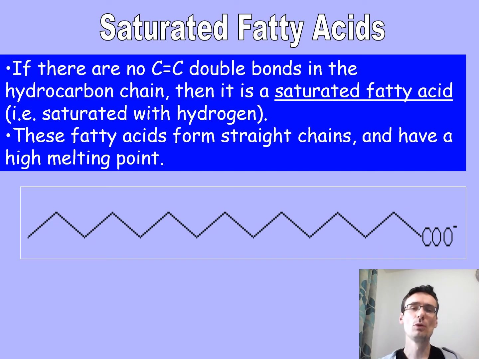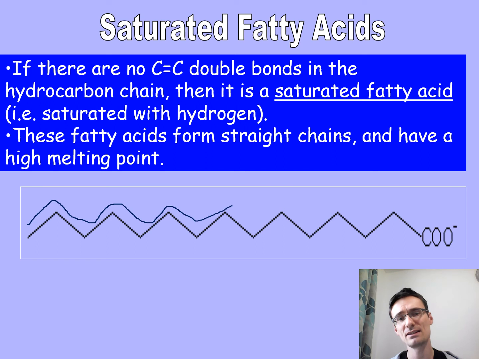So why is that important? Well, that's important because if you get straight chains, so go back to animal lipids again, so animal fats, are completely saturated, there are no double bonds, and what this allows is that the fatty acid chains can get really close to each other.